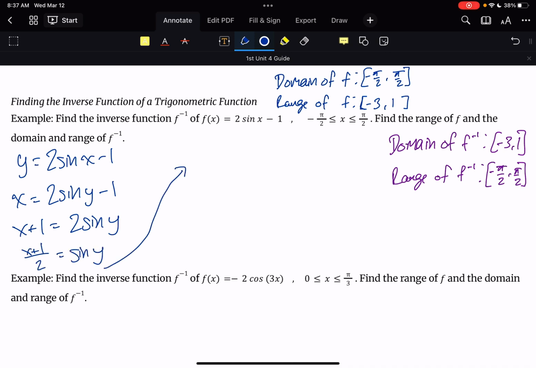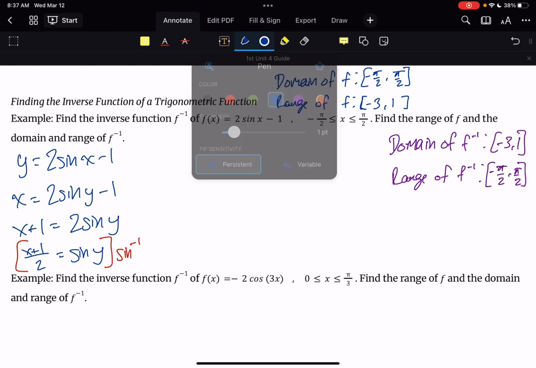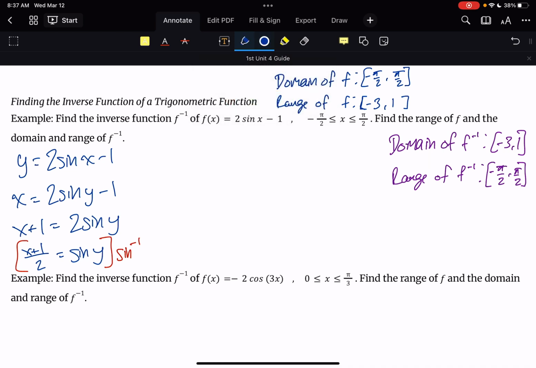And now we know to get rid of the sine, we need to do the inverse sine of both sides. So again, the inverse sine and sine cancel out, so that's going to leave me with y equals the inverse sine of x plus 1 over 2.